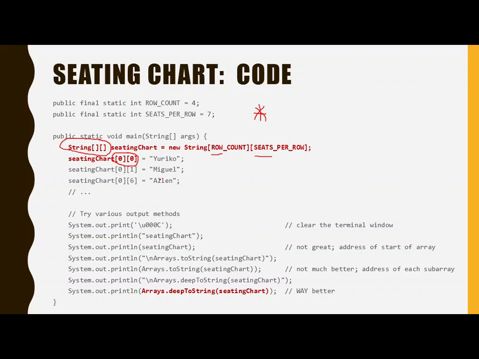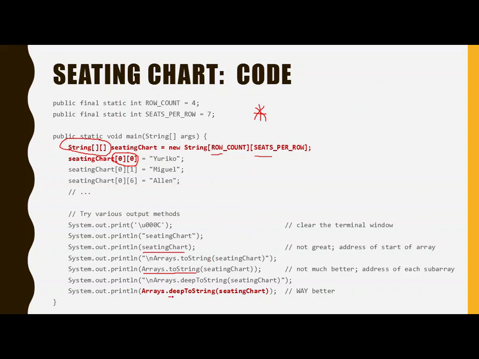Now, when you go to print these out, remember that Java will generally print the address of something that is a reference type, right? So if you just try to print the seating chart, you're just going to get out the address. That's not going to be very helpful. And even if you use Arrays toString, you're going to get a bunch of addresses, because it's going to be the address of each subarray.